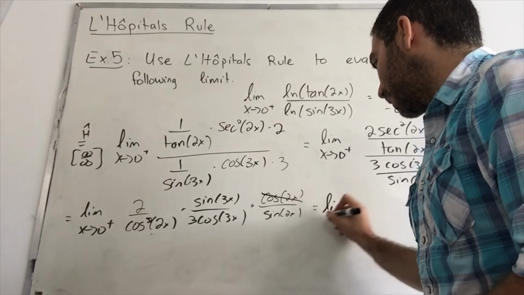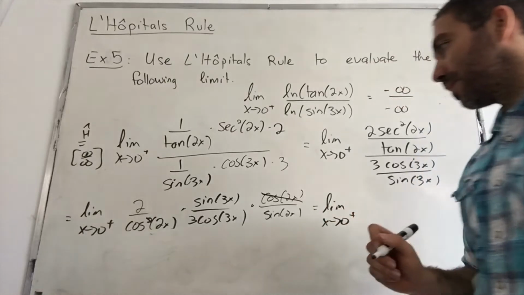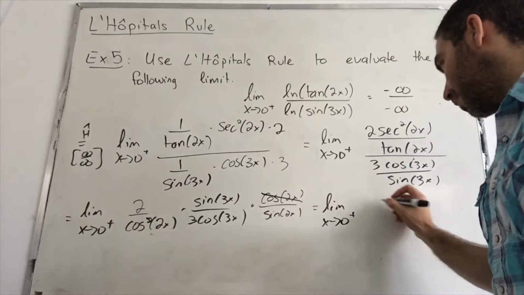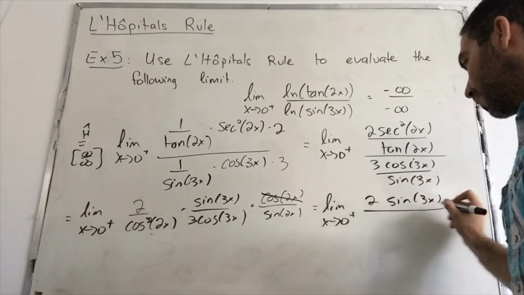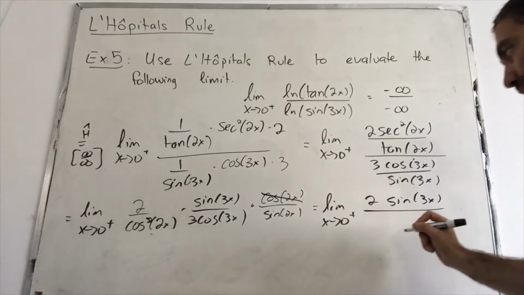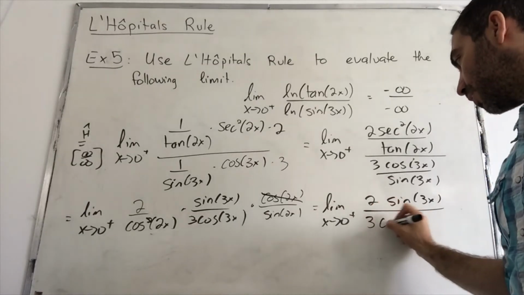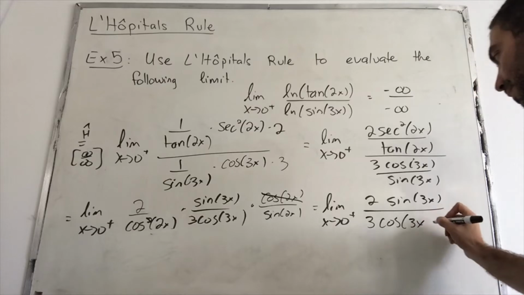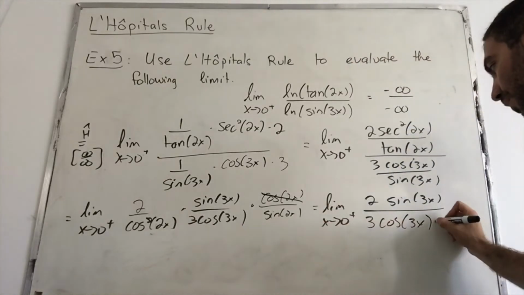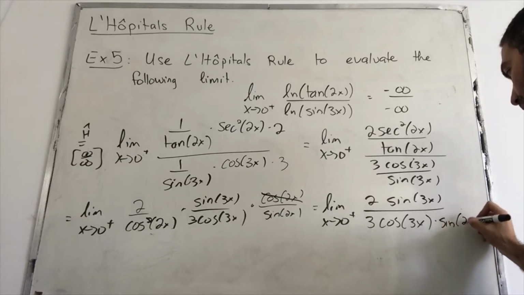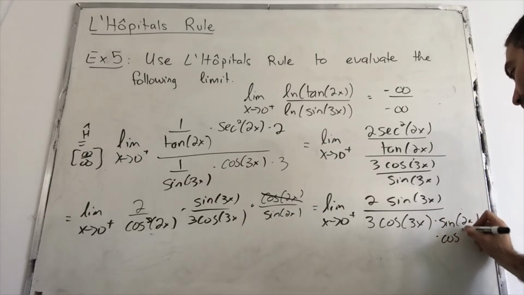So we get limit as x goes to 0 plus, and we have 2 sine 3x over 3 cos 3x, times sine of 2x times cos of 2x.